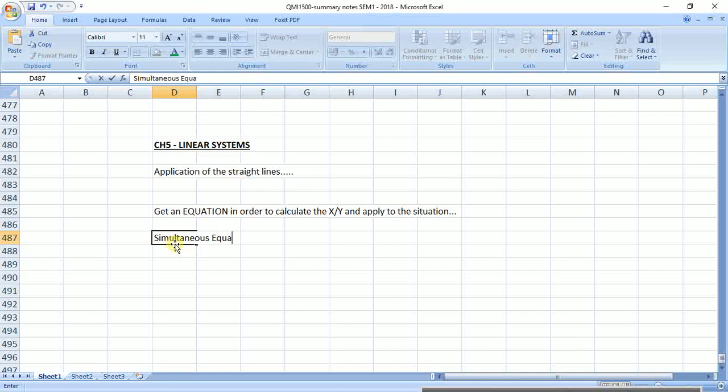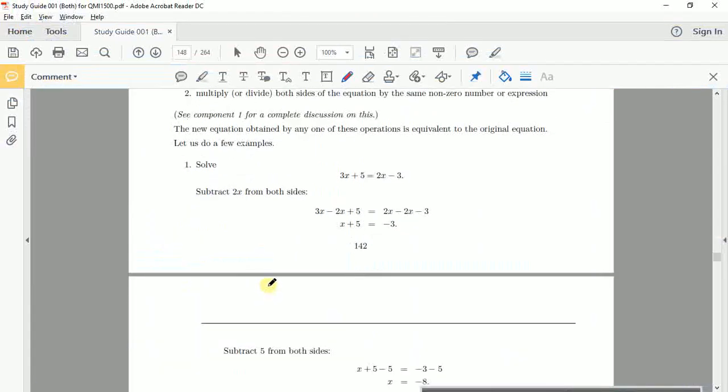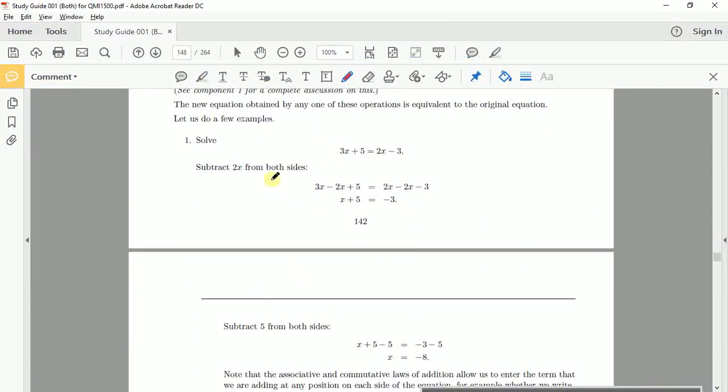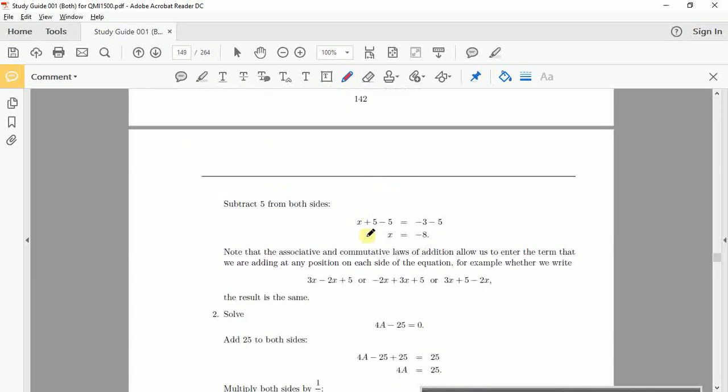Simultaneous equations: finding two variables when we have two unknowns and two equations. So I'm trying to find two variables from two equations.